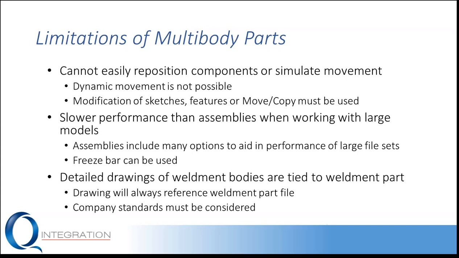And then also when it comes to detailing the drawings of our weldment bodies, they are going to be tied to the weldment part. Now we'll get to ways that we can insert these bodies individually into the drawing, but just remember that they're always going to be referencing that weldment part file. And we have to consider the company standards when it comes to this.